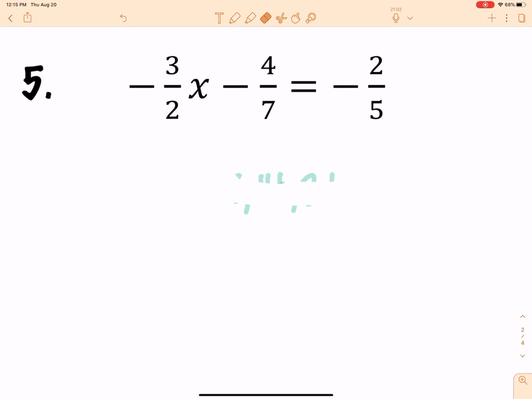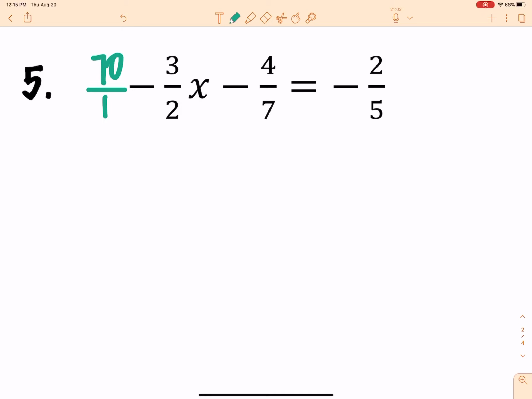Or sometimes I just multiply the two highest ones, 35. Well, 2 doesn't go into 35, so sometimes I have to multiply all of these numbers together to get the LCD, which is what happened here. So the one that they all can go into is 70.